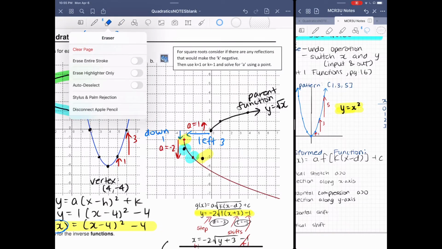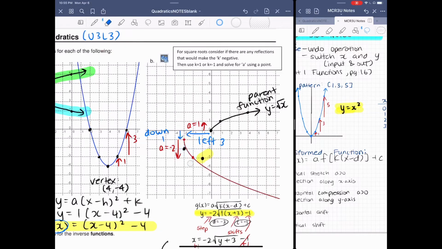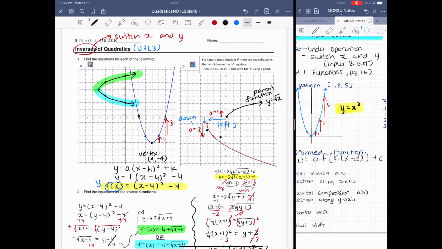All right, and remember that part of having an inverse is that there's a reflection along y equals x, which is approximately here. Alright, so let's continue. There's a coordinate I see right here. Oops.